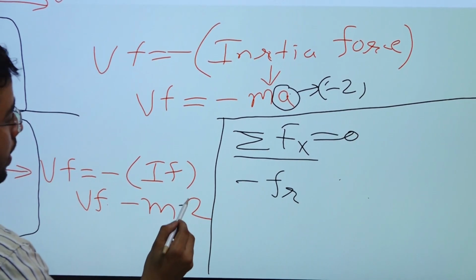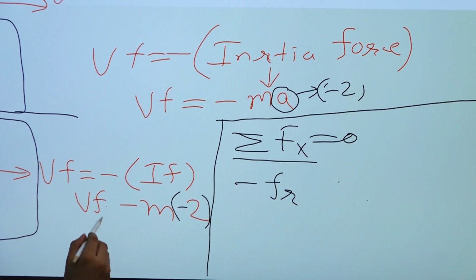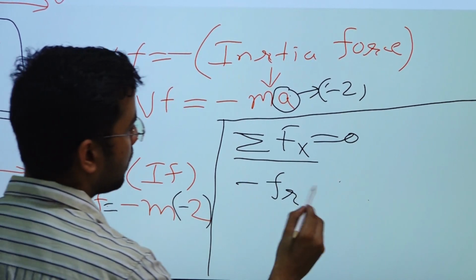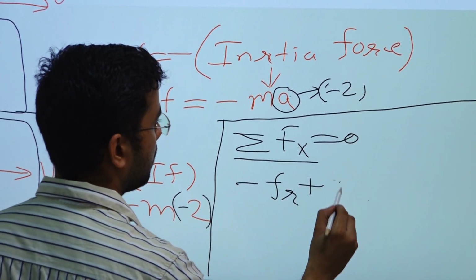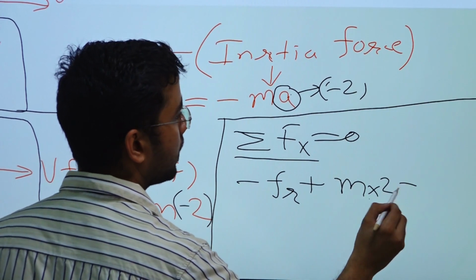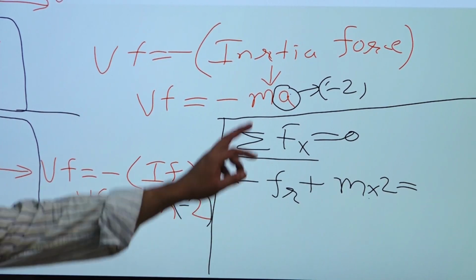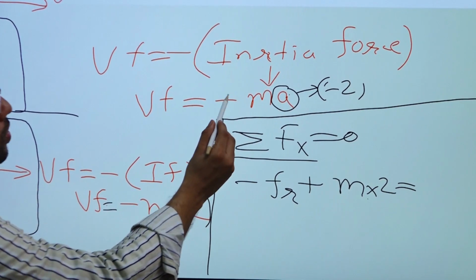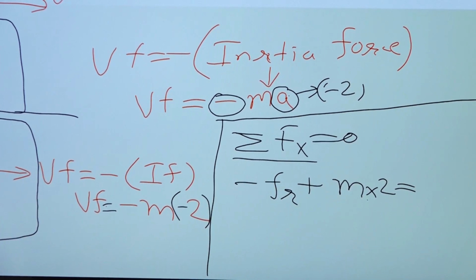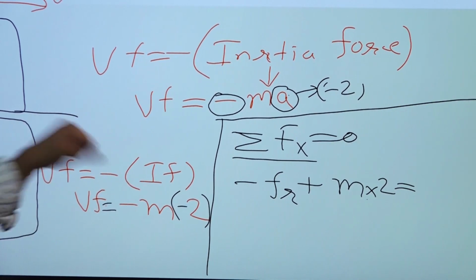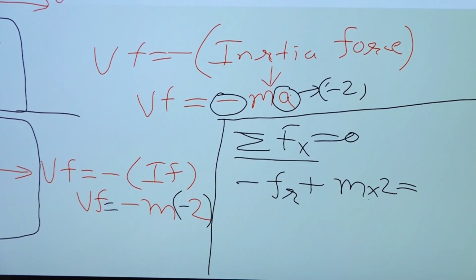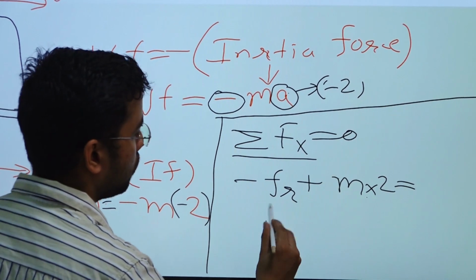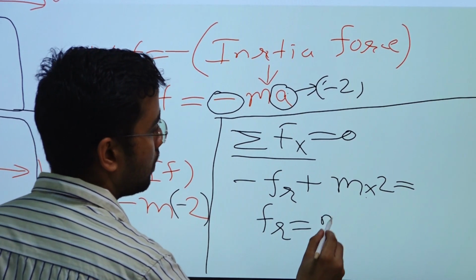Minus minus becomes plus, so you get plus m into 2. This A is acceleration, but now we have deceleration, that's why we put minus, and this minus sign is because of the property of virtual force. Virtual force acts in reverse of inertia force, right? So friction force is equal to m into 2.